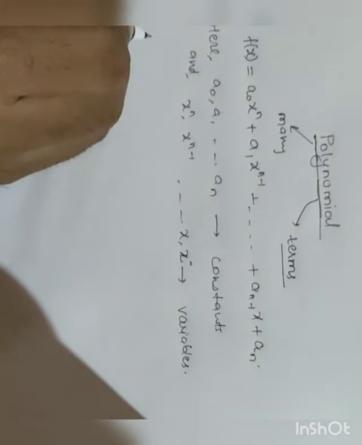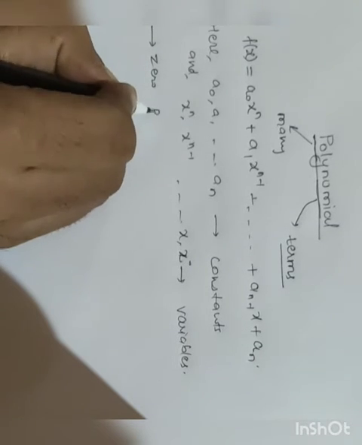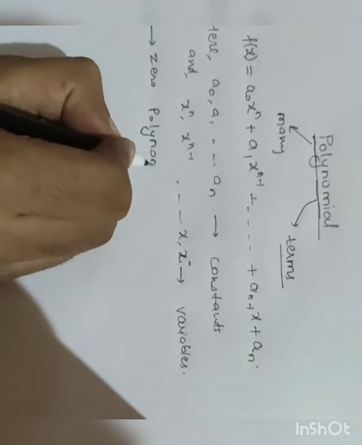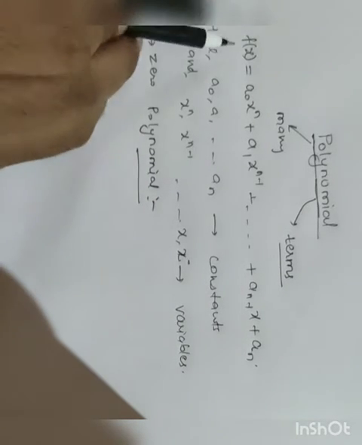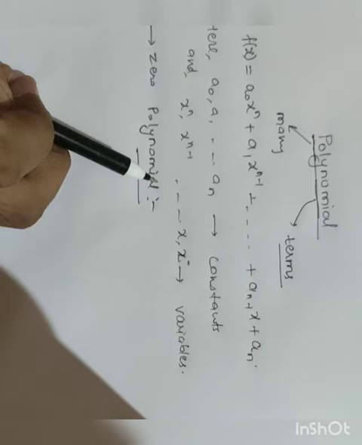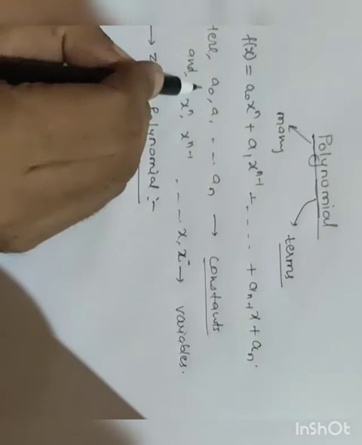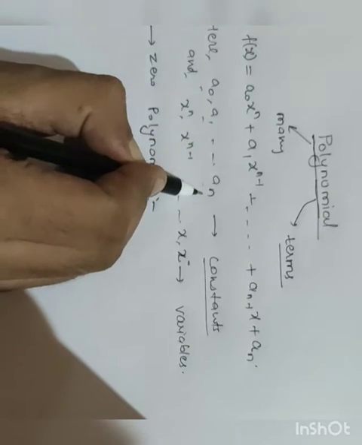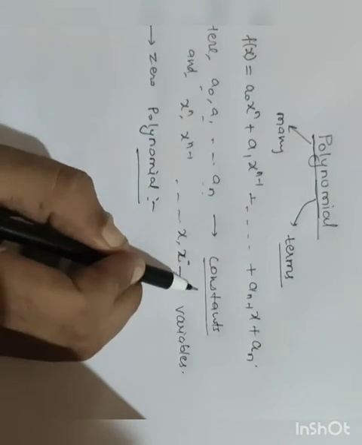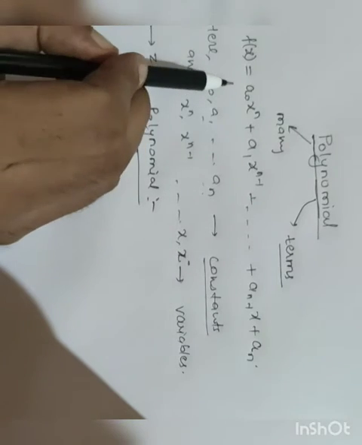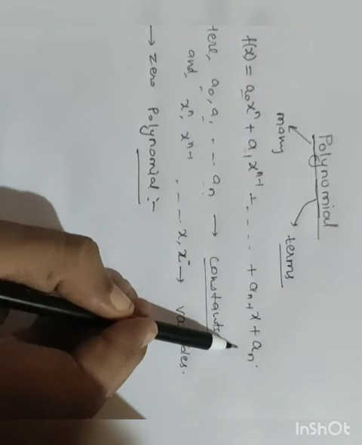There is one category of polynomial called the zero polynomial. So what do we understand by a zero polynomial? A polynomial f(x) is said to be a zero polynomial if all the constants a0, a1 up to an are 0.